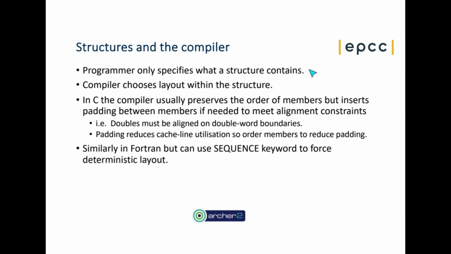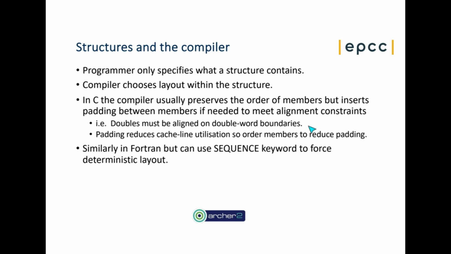Okay, so when you declare a structure, you're really only specifying what the structure contains, and the compiler is choosing the memory layout. In C, the compiler will usually preserve the order of members, but it will insert padding between them to try and align everything nicely.